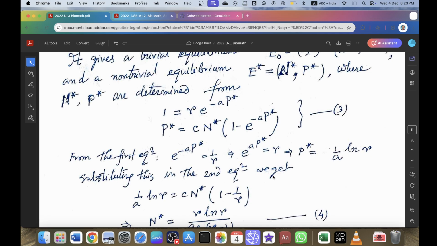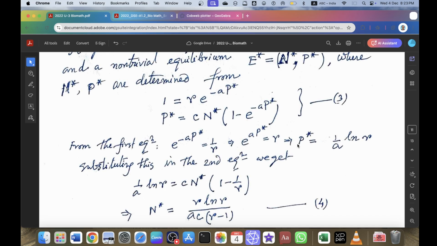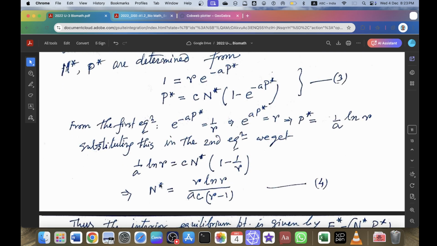Substituting this value of P star in the second equation, we get 1 by a ln r equal to c N star bracket 1 minus 1 by r, because e to the power minus a P star is equal to 1 by r. So N star equal to r ln r whole divided by a c bracket r minus 1.